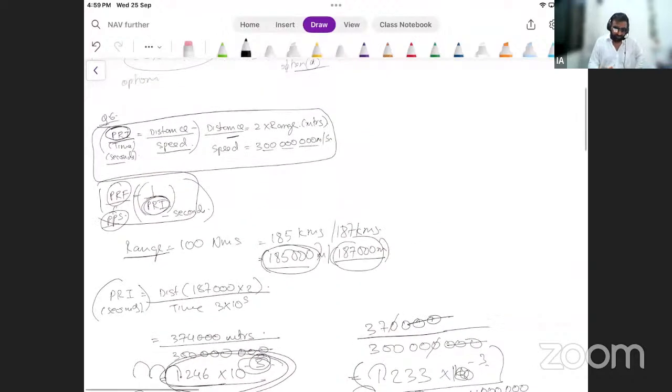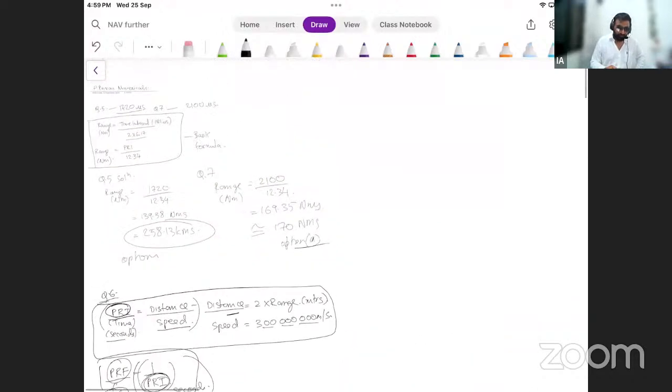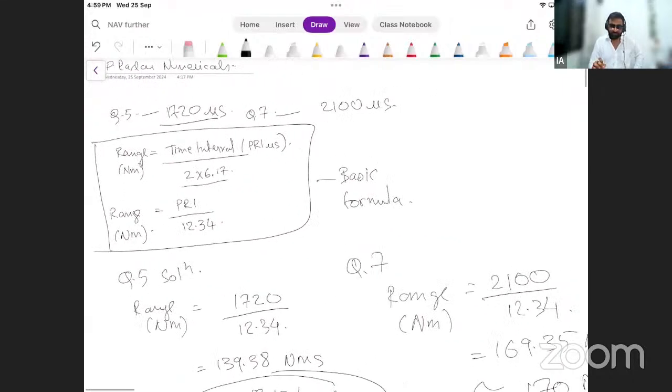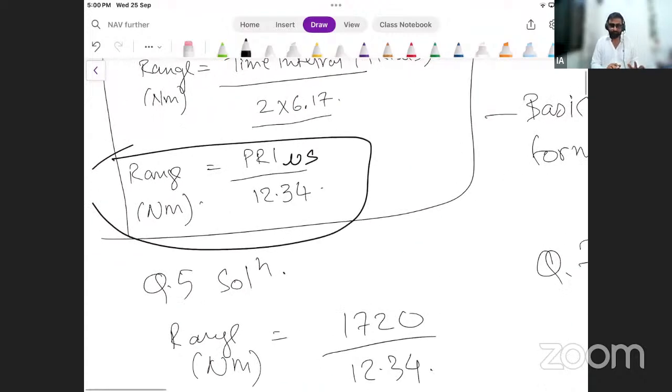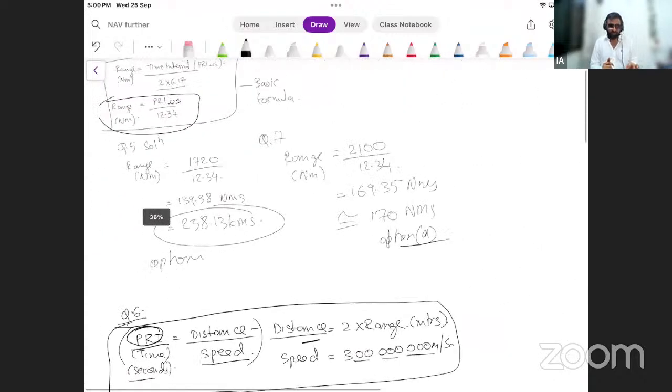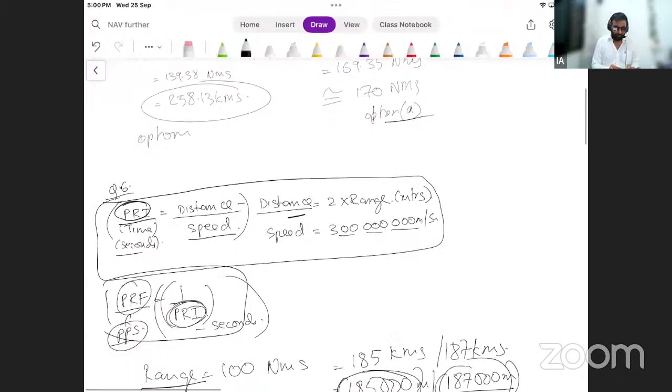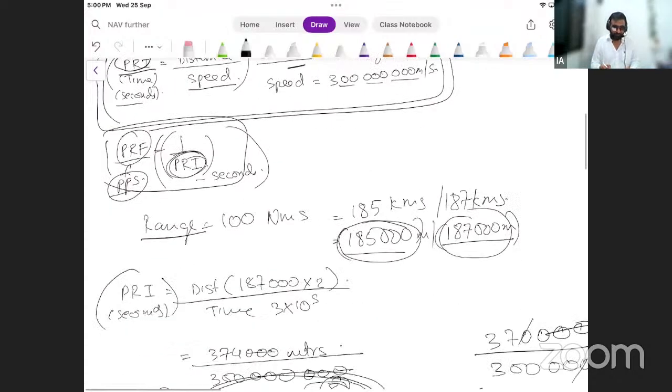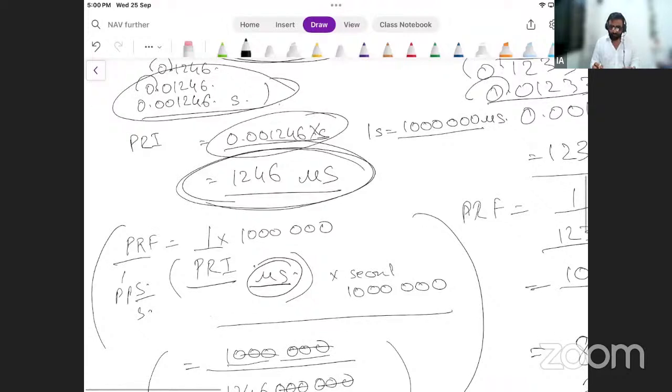Please don't struggle, just have this clarity and ensure that you know the range formula. These are very quick. Range is time interval, which is PRI in microseconds, upon, so this is the basic formula that you will use for range of a radar. And for PRF or PRI, if you want PRI, just use this. And if you want PRF, then it will be 1 upon PRI.